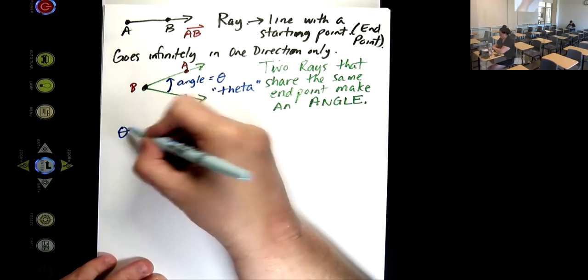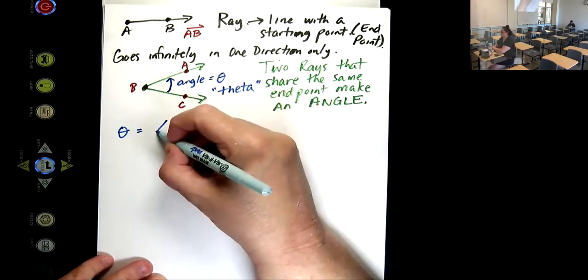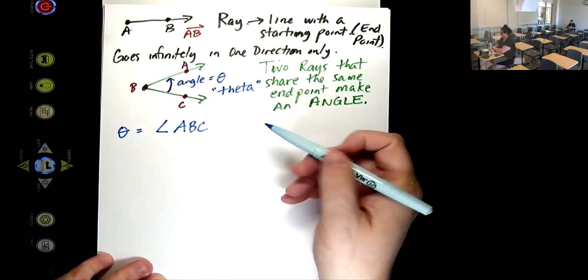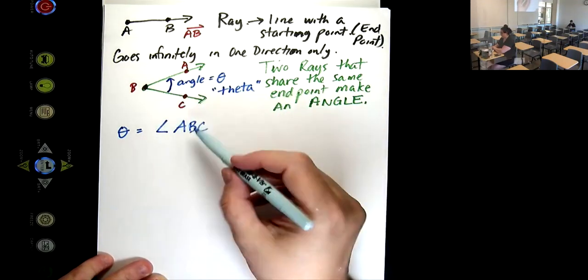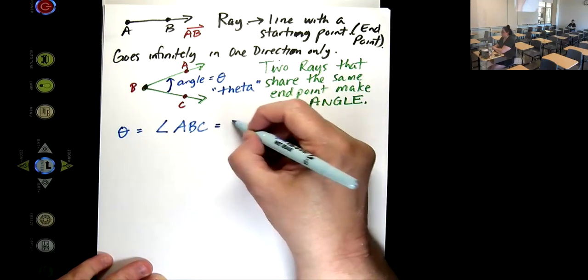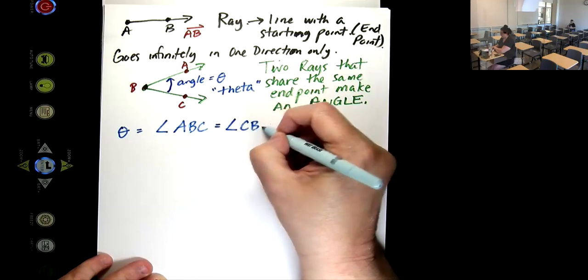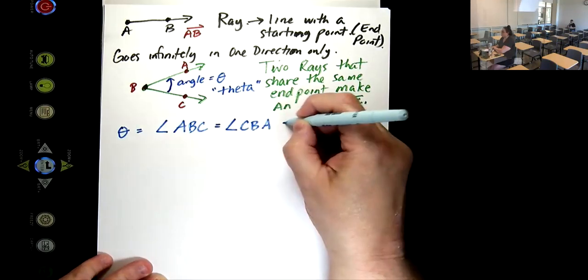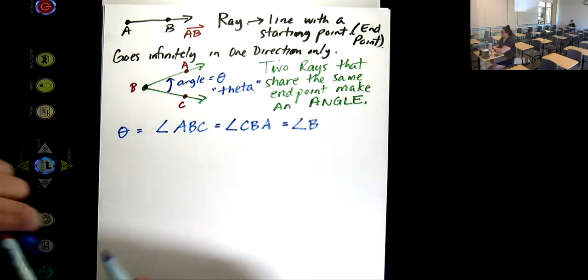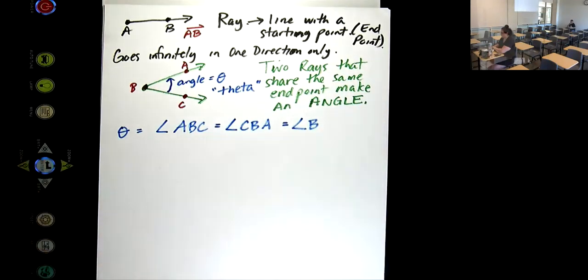The way the book is going to write this angle looks like this: ABC, where you list the point it starts from, the vertex, in the middle. I could also call this angle CBA, but this is really just angle B. So there are two ways of labeling it.